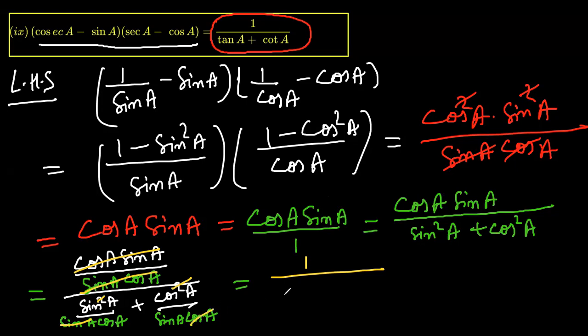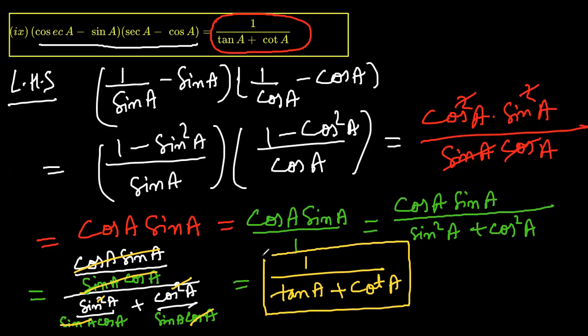We get sin A by cos A, that means tan A, plus here we get cos A by sin A, cot A. So tan A plus cot A is the right hand side of the identity. We started from the left hand side and reached the right hand side.